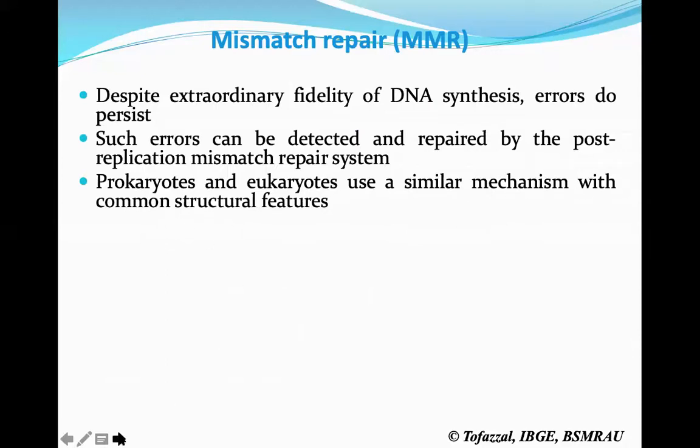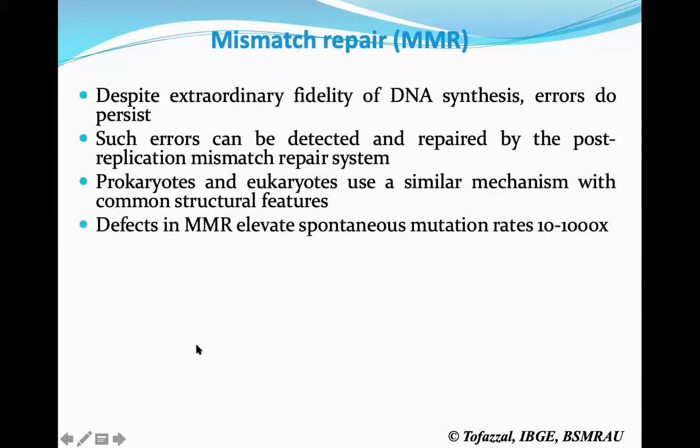That means in human, a eukaryote, or in tiny bacteria, prokaryotes, in both cases the fundamental principle is the same. Defects in mismatch repair elevate spontaneous mutation rates 10 to 1,000 times. So it elevates the spontaneous mutation rate 10 to 1,000 times if there is a defect in mismatch repair.